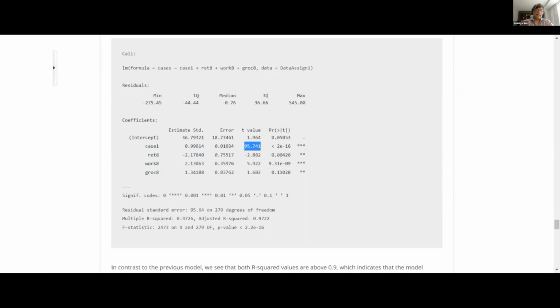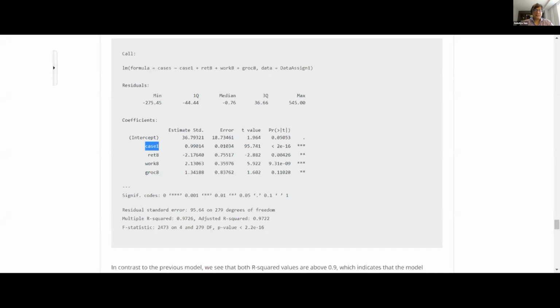Obviously, if you live in an area where cases were high yesterday, it's quite likely that cases today will be quite high. Now, if you look at the R-squared, it's obviously shot up. It's now 0.97. So the key question is, when cases today are almost exclusively explained by another variable, cases yesterday, do any of the mobility variables make sense and are they significant?